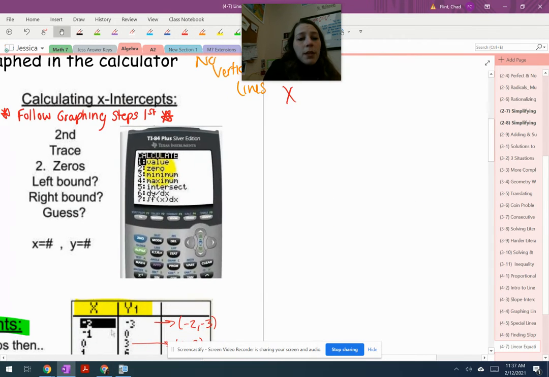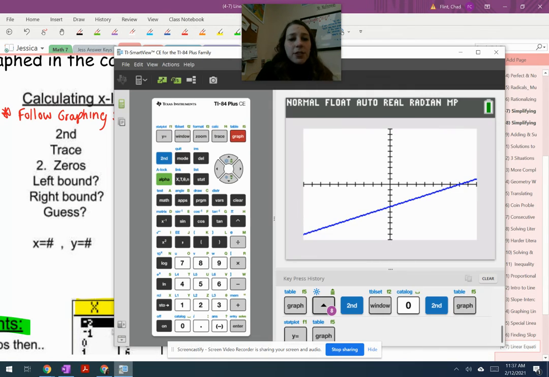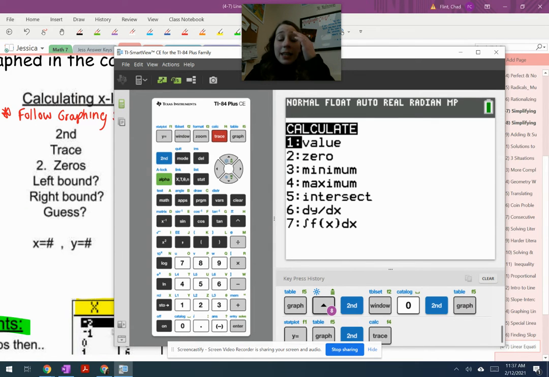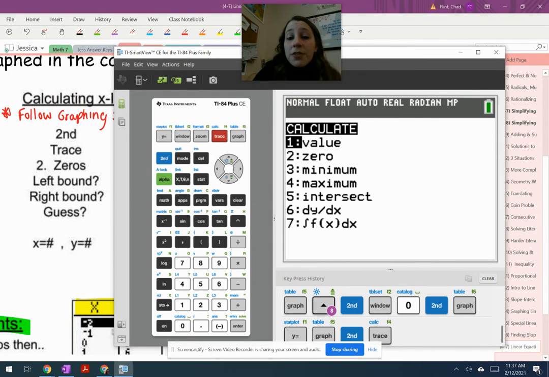After we've got it graphed, we want to hit the second button and trace, because that gets me the option of calculate, C-A-L-C. In this menu, these are all the different things that you can calculate. You can calculate a specific value, zeros, the maximum or the minimum.